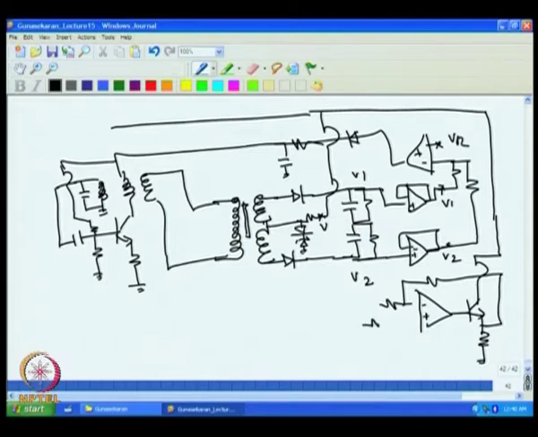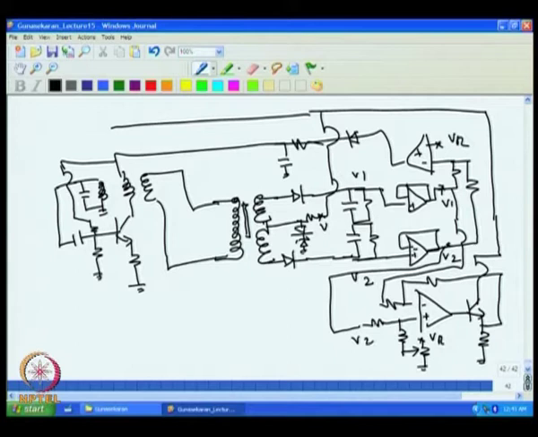And then we had this input voltage to V2, and to offset the voltage, this is given to V reference and then connected to this. So this is connected to V1 and the other input is connected to V2.